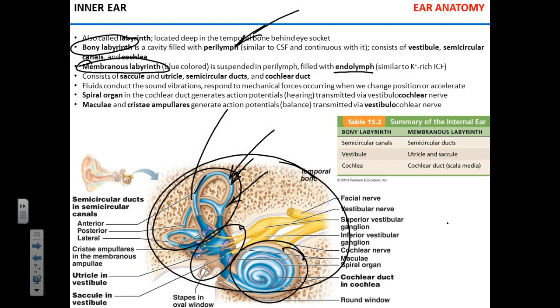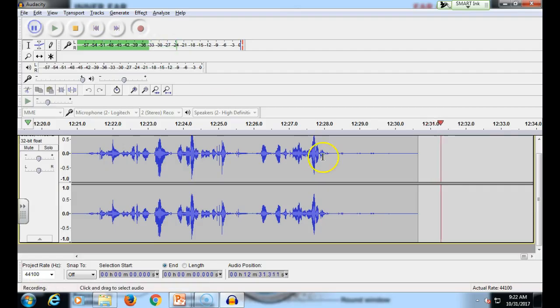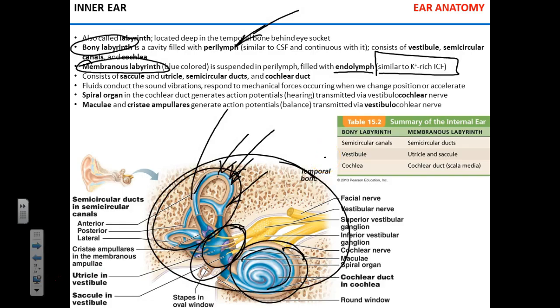And endolymph has very high concentration of potassium. Membranous labyrinth consists of three parts. It's the cochlear duct, you can see it here, the blue one. It's utricle and saccule, which can be found in the vestibule, and semicircular ducts.